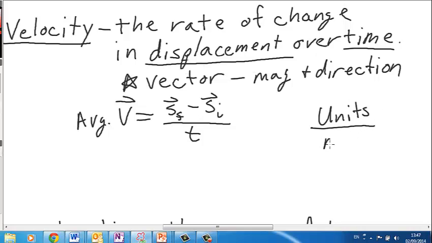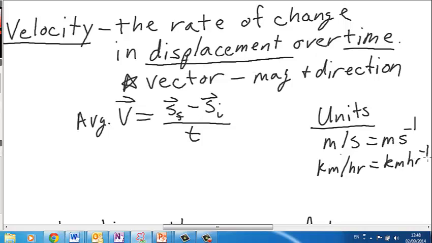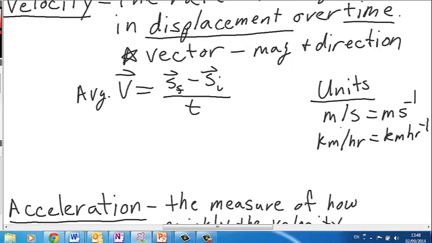So for example, usually meters per second, which we can write as meters seconds to the minus 1, or kilometers per hour, which we would write as kilometers hours to the minus 1. Okay? So the IB exam likes to write things this way, so I think you should adopt this manner of writing things if you can.